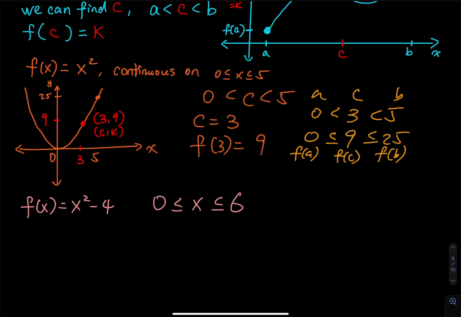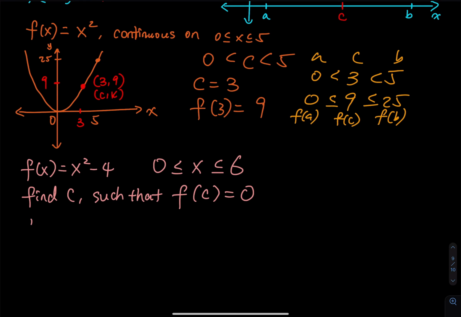And then they want you to find c such that f of c is equal to 0. So the first thing you have to do is evaluate f of 0. That is 0 squared minus 4, which is equal to negative 4. The most important thing is you have to point out that this is negative.